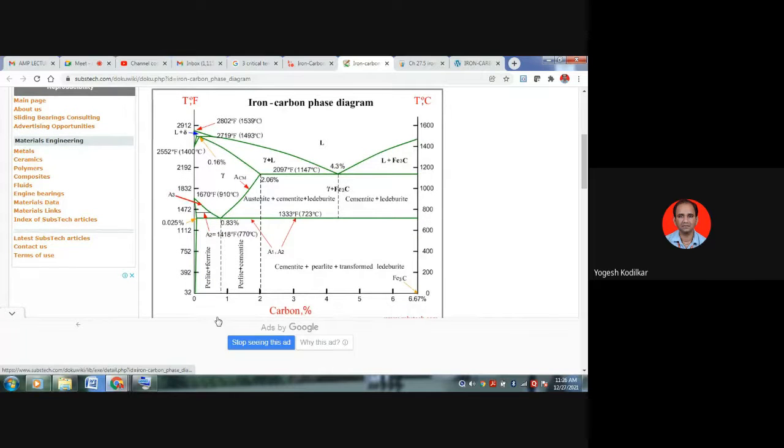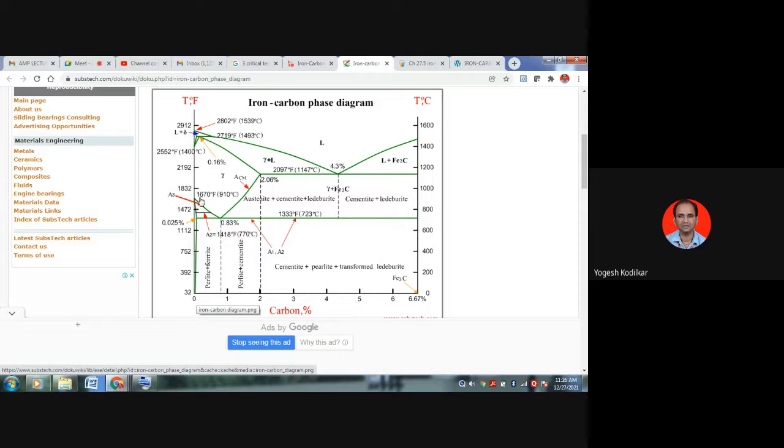You can see that from 0 degrees Celsius there is the alpha ferrite phase, and up to 726 degrees Celsius, the constant temperature line, there is low carbon solubility of only 0.025%. Above 726 degrees Celsius this alpha ferrite phase is converted into the gamma austenite phase.